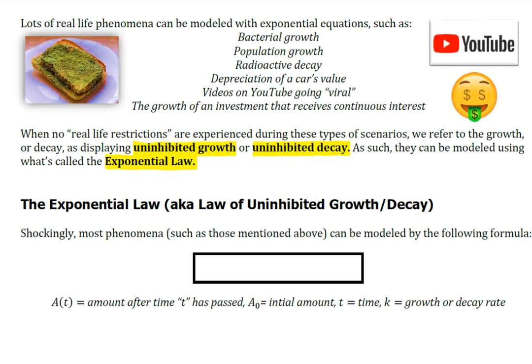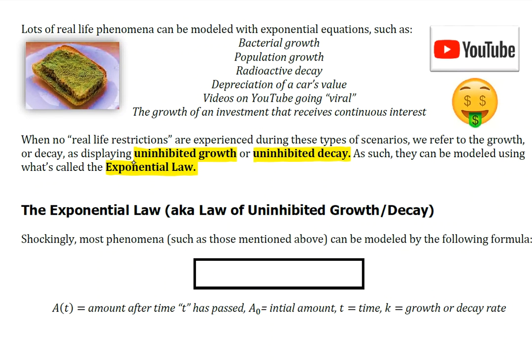Let me go ahead and present to you the equation, which will actually be given in function format, known as the exponential law, also known as the law of uninhibited growth or law of uninhibited decay. So the function is the following. We're going to write A of t.